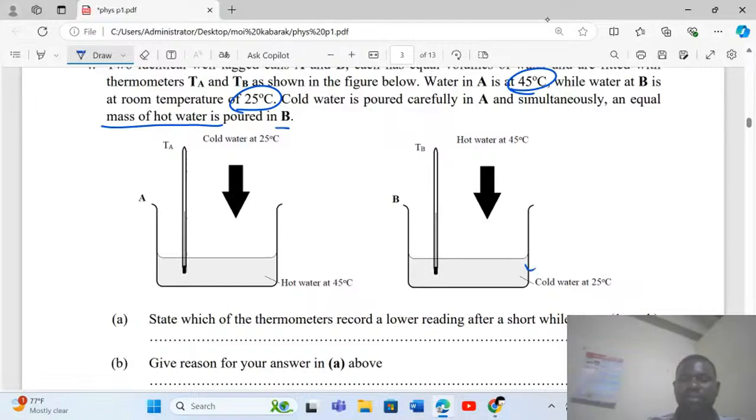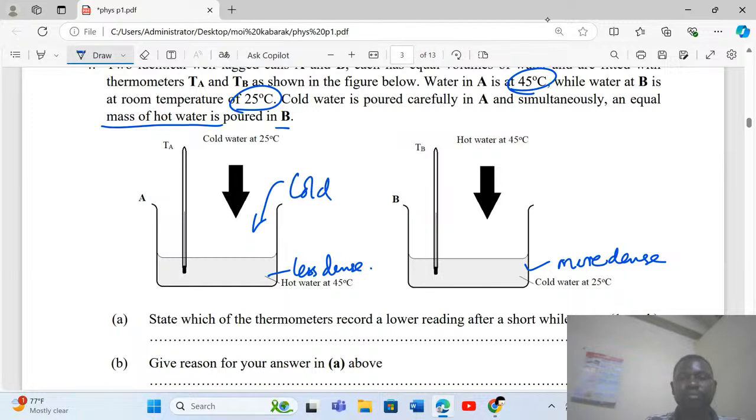We expect this one to be more dense, less dense. Therefore, we have added cold water, and now we are adding hot water, sorry.